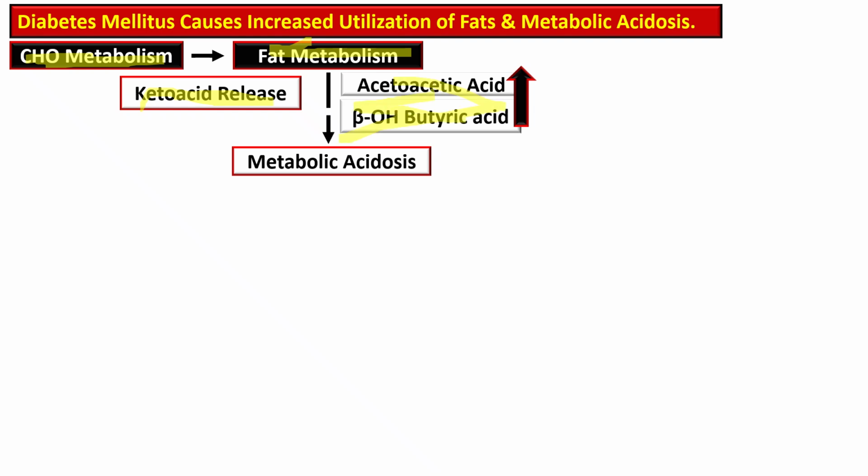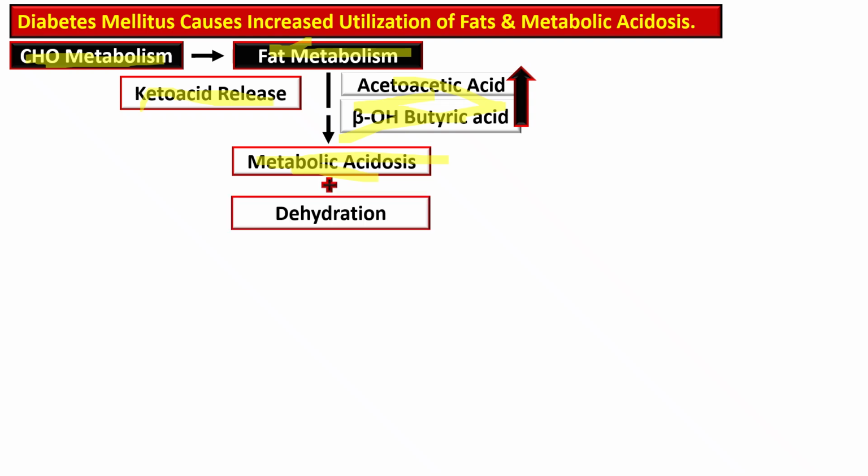This is termed ketonemia, that is elevated ketones in the blood, and as a result metabolic acidosis develops because these keto acids accumulate faster than they can be oxidized.